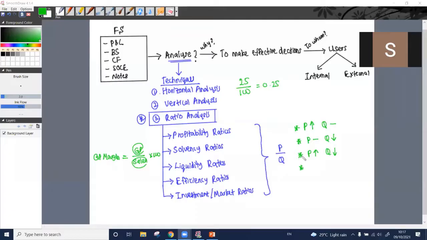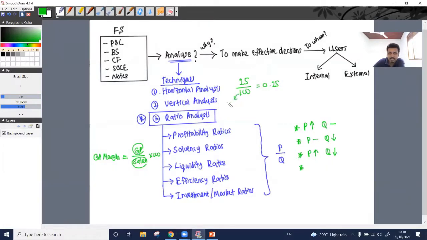Another way to improve this ratio is that if we increase our numerator at a rate higher than the increase of the denominator. Say we increase the denominator by 10%, 100 becomes 110. If we increase the numerator at a higher rate, assume 25%, then what will happen?